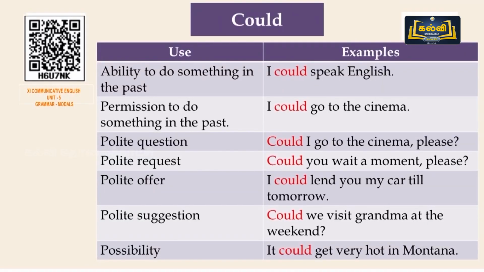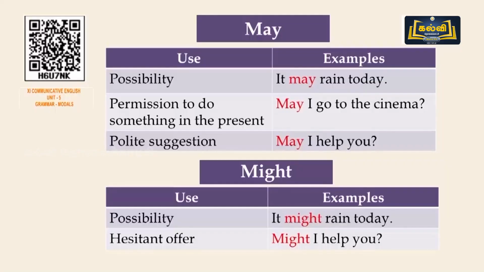It could get very hot in Montana. May. May again helps us to show the possibility. It may rain today. It helps us to seek permission in the present. That is, to be allowed to. May I go to the cinema?